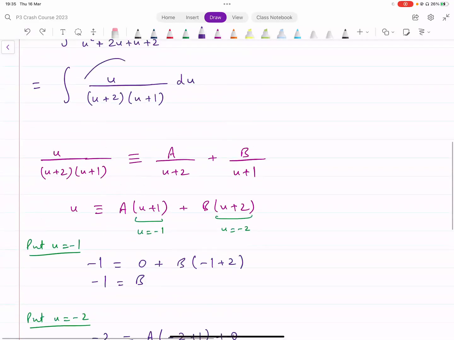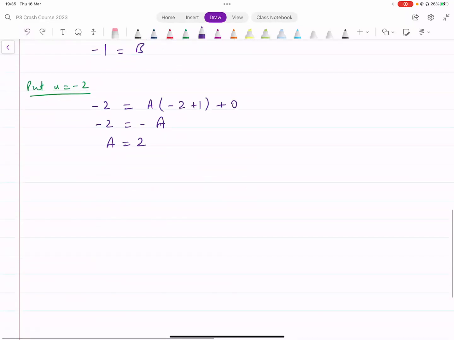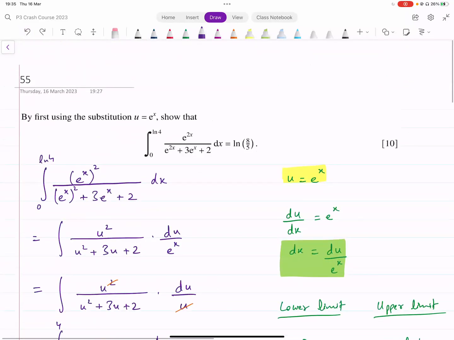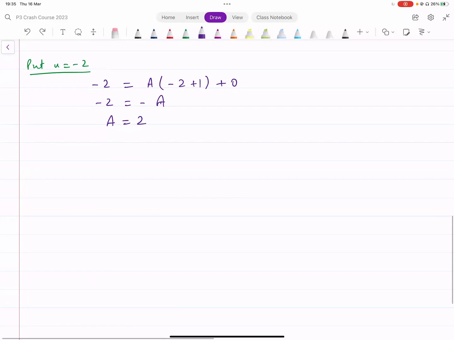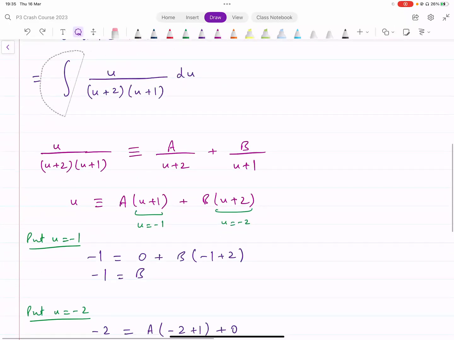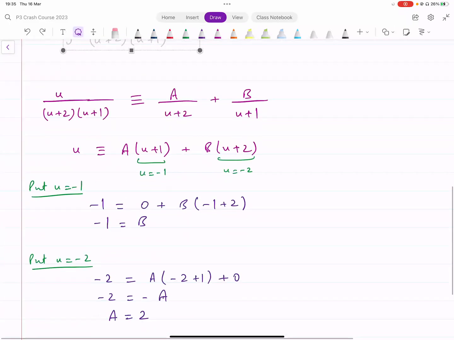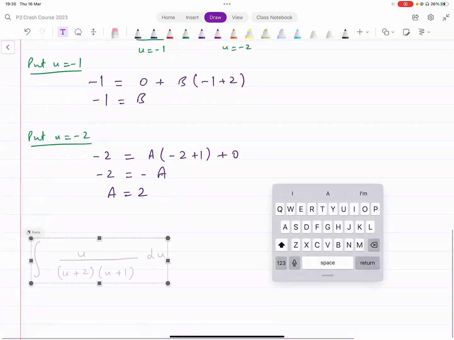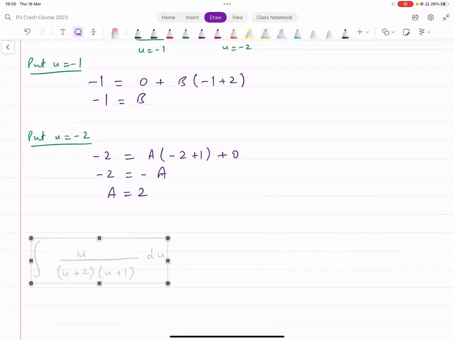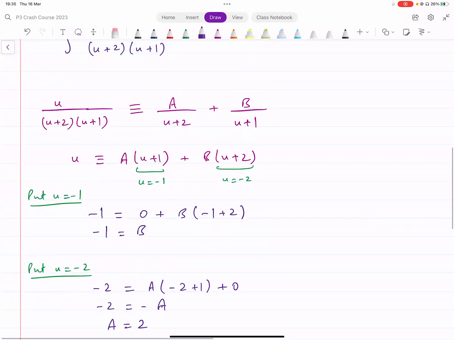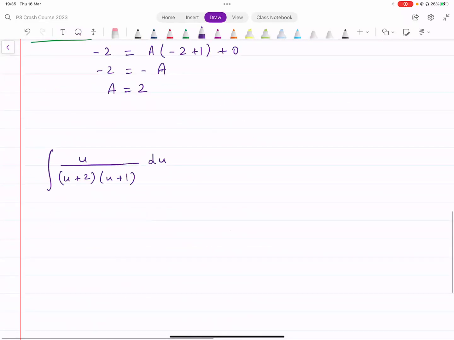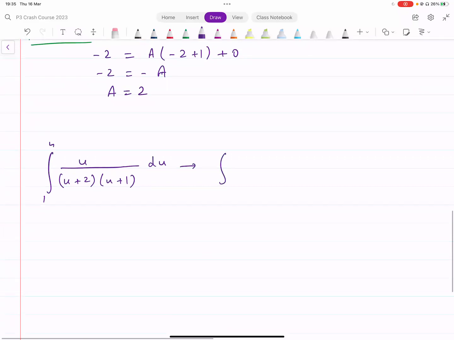So that integral that you had here as a single fraction can be written like this. Now we say that integral now becomes, let me actually just copy this here. This integral that we had earlier, with limits 1 to 4, can be written as two separate fractions.